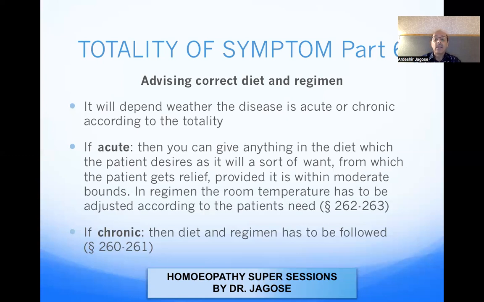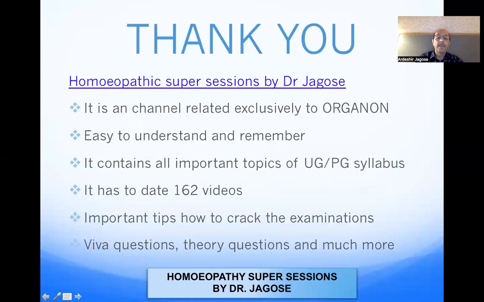And in regimen, whatever wrong regimen the patient is following, you have to rectify and give a good regimen so that the patient is relieved from his sufferings. All the details can be obtained from aphorisms 260 to 261 given in the 6th edition of Organon. So you can go through that if you want to see more details about the same.